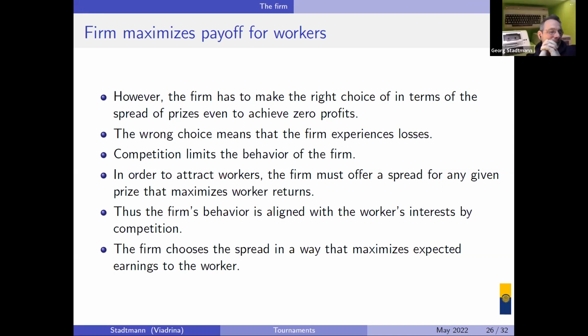So, the principal has to put himself into the shoes of the agent, has to maximize the utility of the agent in order to learn the incentive constraint. And then the principal will use the incentive constraint in his calculations.